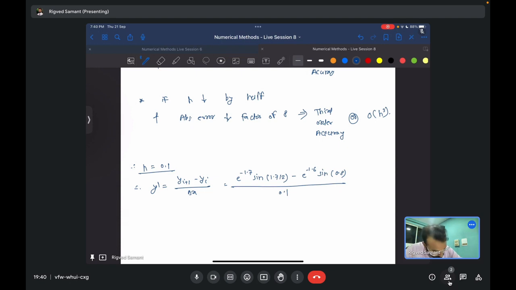So the y dash value is minus 0.0758. This value you get, minus 0.0758.